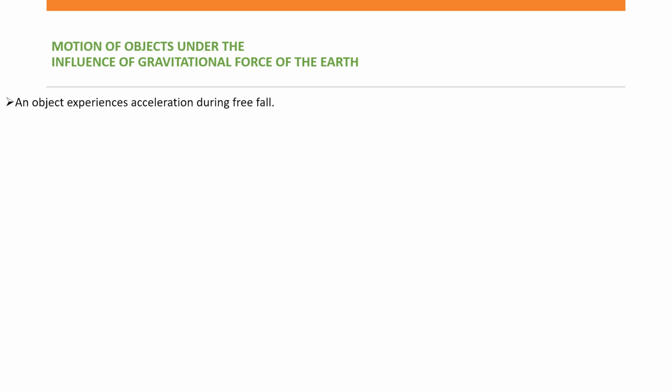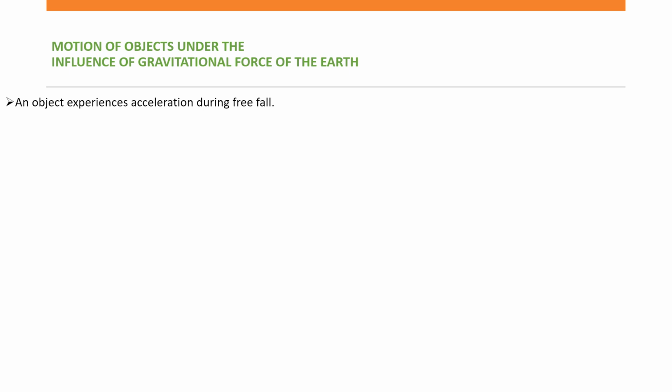Let's summarize it first and get a glimpse of these topics. An object experiences acceleration during free fall. You know what free fall is, right? If an object is under free fall, it is not falling at the same speed.